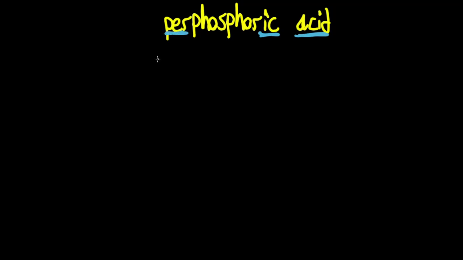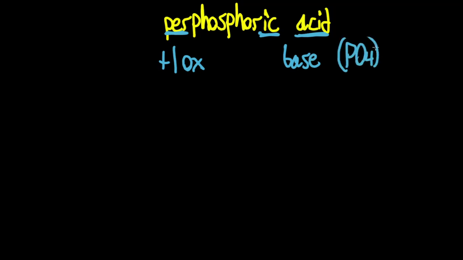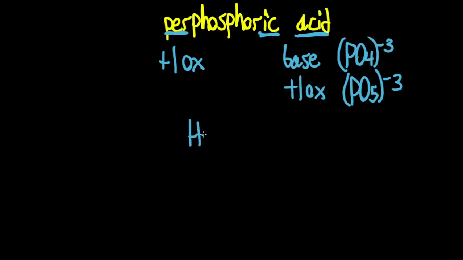So per blank ic acid indicates I'm adding an oxygen to my base state, where my base is PO4 with a -3 charge. I add an oxygen to it. Now I have PO5 with a -3 charge. To balance out that -3, I'm going to have 3 hydrogens in here.